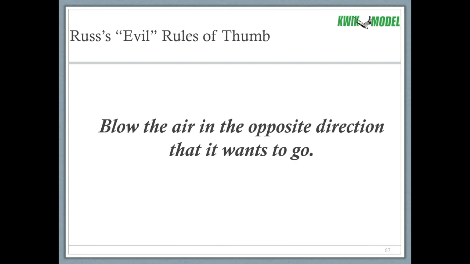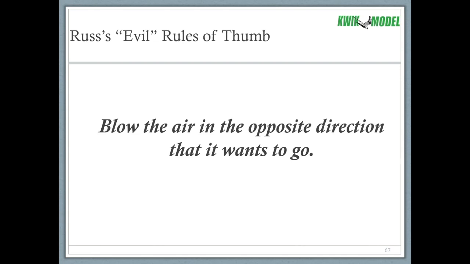A great illustration of this actually is a lot of people think that floor registers are better for heating because hot air rises. And so you've got your register in the floor, and the air is going to come out of the floor, and it's better if they're down low and you blow the air up. Well, that's actually not true. If you blow the air in the opposite direction it wants to go, then that means it's better to blow the air down.